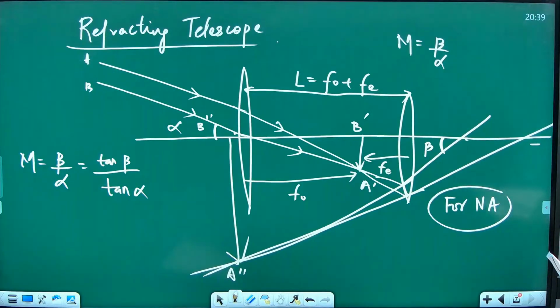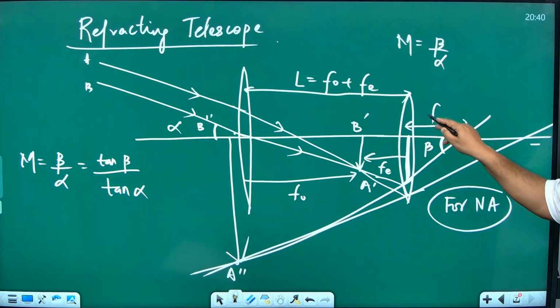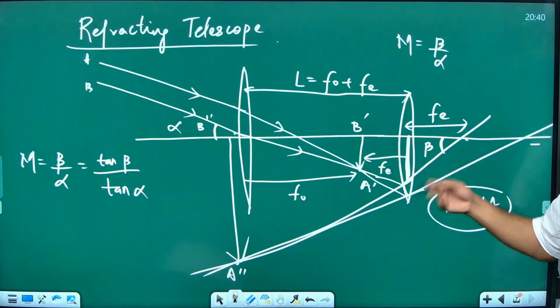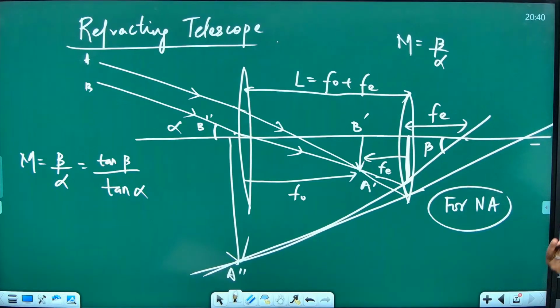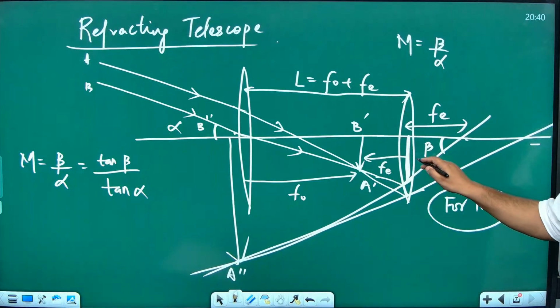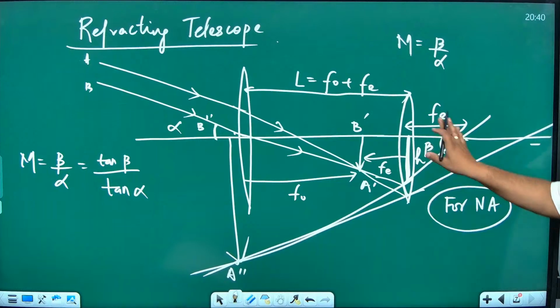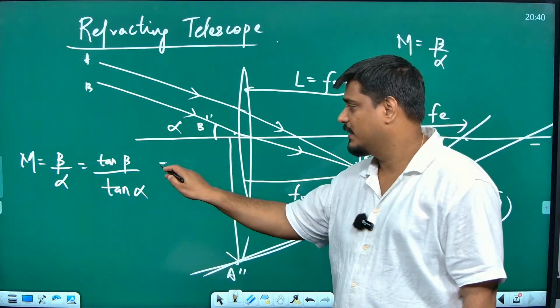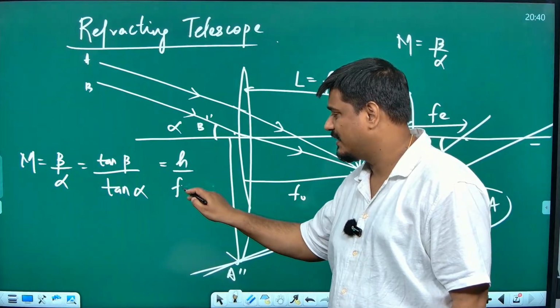Is it possible? They have taken this as H and this as FE. How are these both the same? Illogical there, but they have taken that. So they have taken H by FE as tan beta.